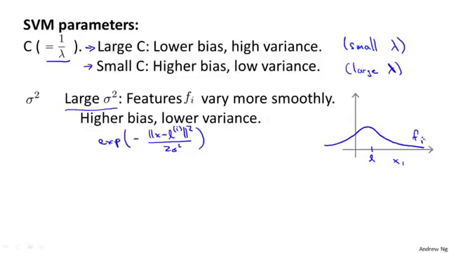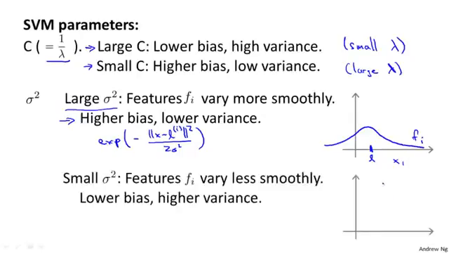So this would be my feature f_i, and it would be a function that varies more smoothly, and so this would give me a hypothesis with higher bias and lower variance. Because the Gaussian kernel falls off smoothly, you tend to get a hypothesis that varies slowly, or very smoothly, as you change the input x.